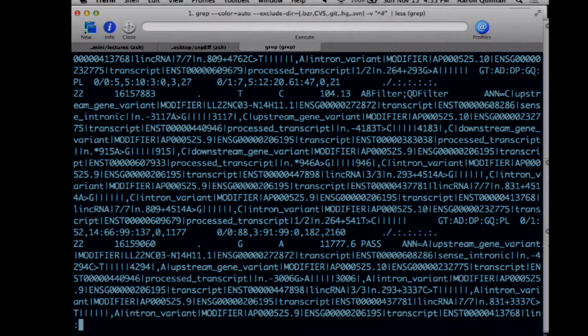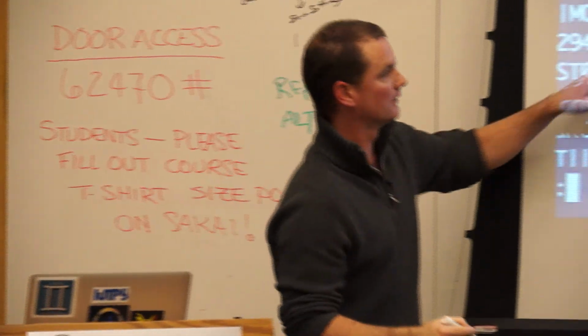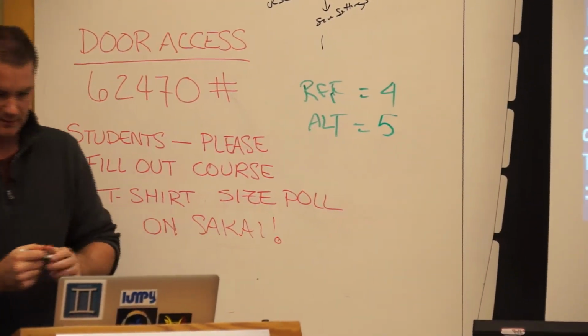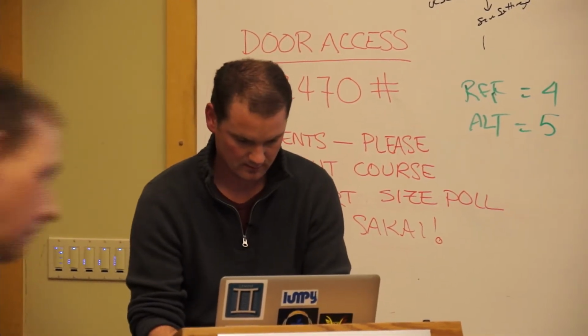The reference allele is the 1, 2, 3, 4th column, and the alternate allele is the 5th, right? So what we can do is say awk.